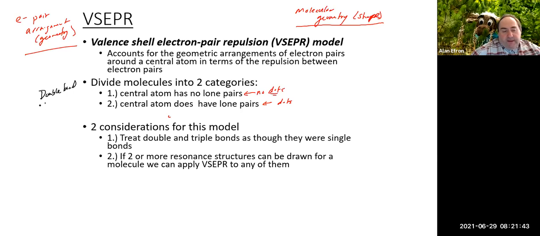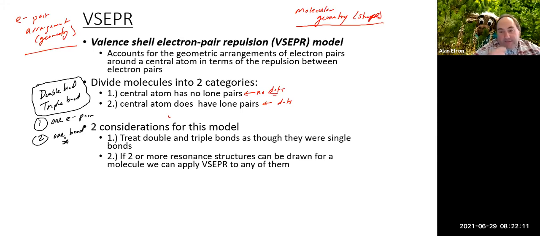Part of what you do when you apply geometry is count up how many electron pairs there are and how many bonds. Basically, a double or triple bond counts as only one electron pair, and it also counts as only one bond. Those are two really important things to keep in mind, and again, only specifically for geometry.